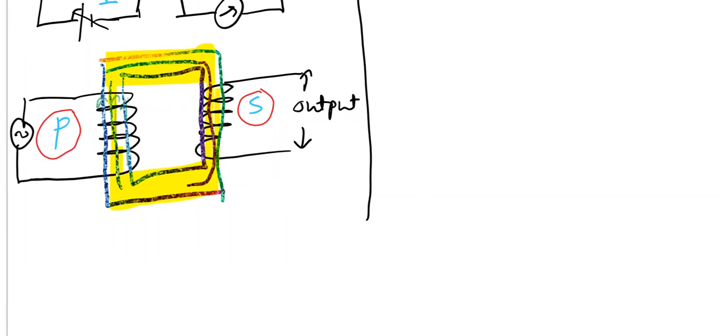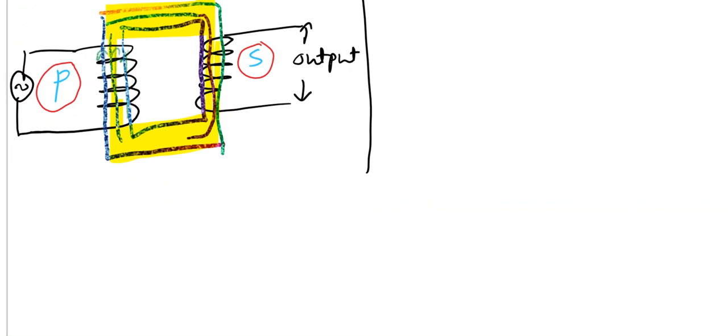Now we know that in case of induction, the induced voltage is directly proportional to the flux linked, or else you may say that flux is directly proportional to the induced current. But apart from that, the induced voltage also depends on the number of turns.